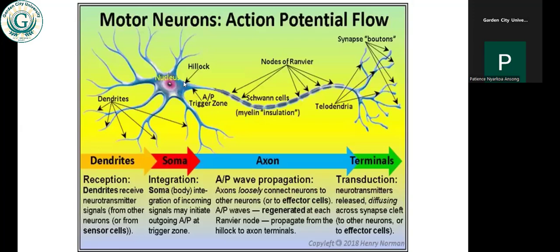But if the intensity of the stimulus is low, such that it doesn't hit the threshold, then you would have the signal dying out here without moving to the axon.